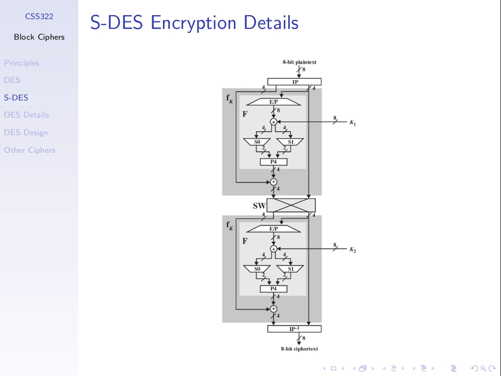The last thing is we do an inverse permutation. Find the inverse of the initial permutation, apply it on those 8 bits, and you have your ciphertext.